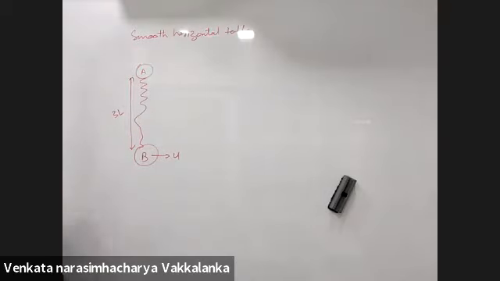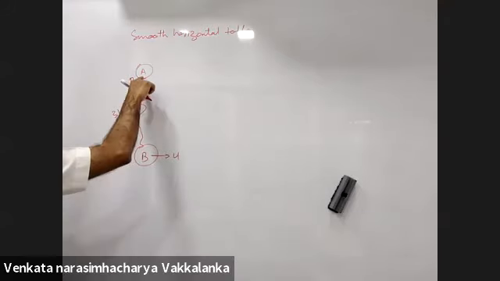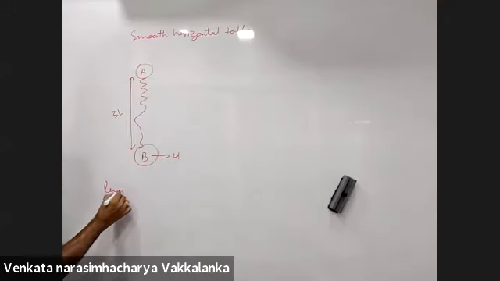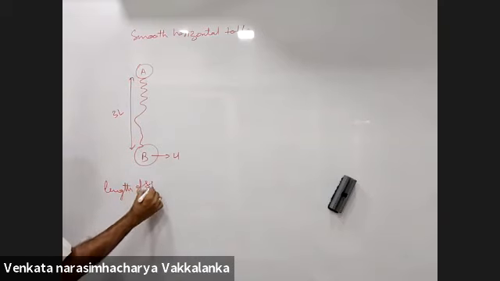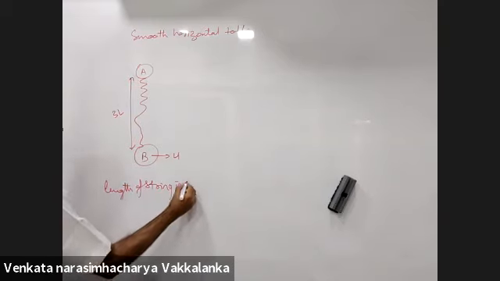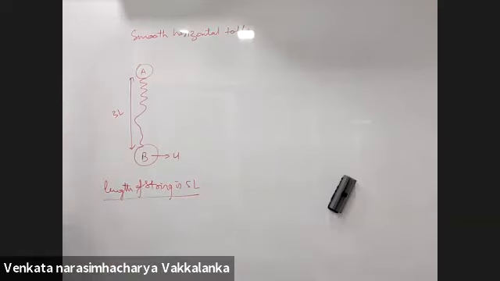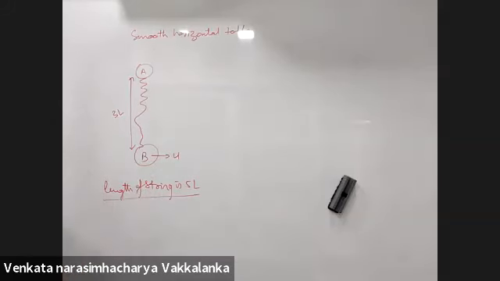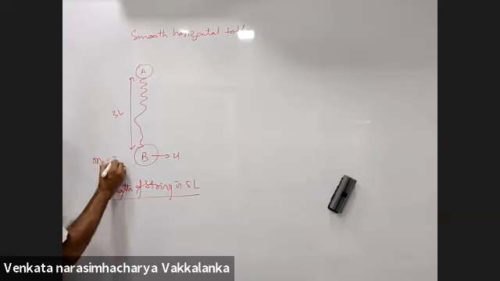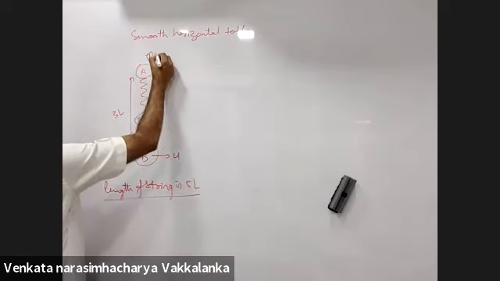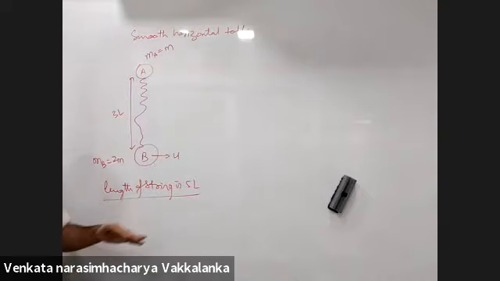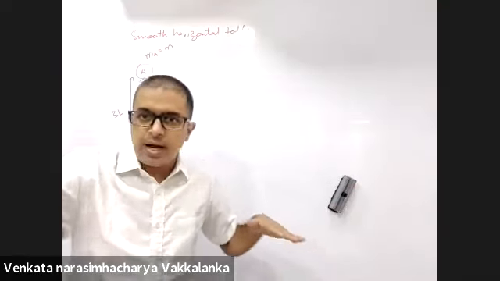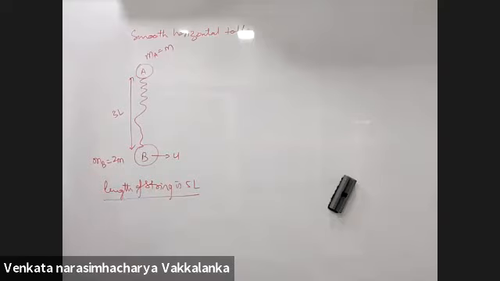And then an inextensible string of length 5L. Now, MA is equal to M, MB is 2M. So it's on a horizontal table and you gave a perpendicular velocity to it.